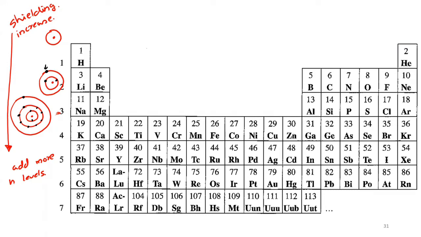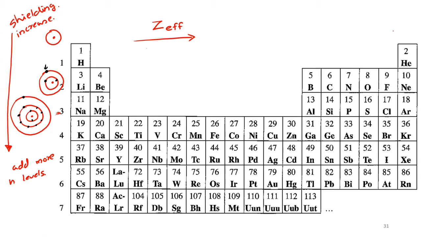And then we talked about the effective nuclear charge. Let's think what is happening when you go across the period, left to right. Let's consider hydrogen and helium.